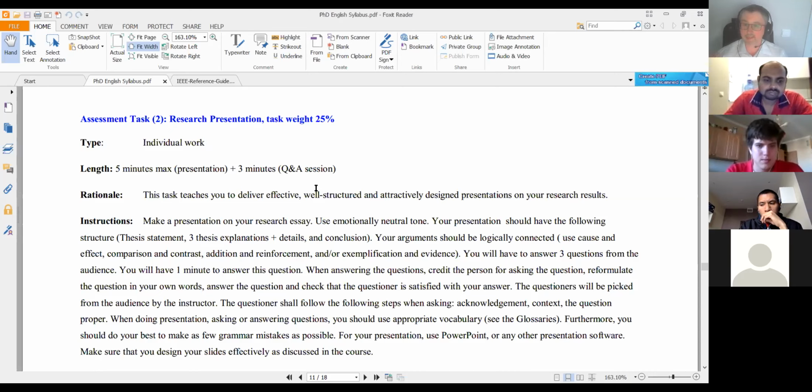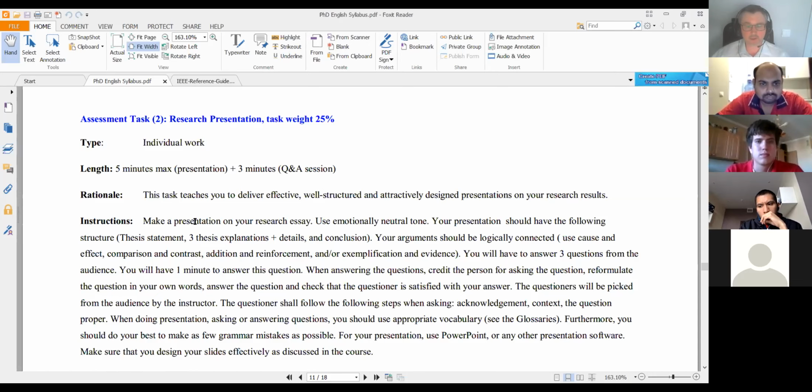Another thing is that you will have to be able to ask questions, once again following those academic conventions. This is how it is going to be: one student is going to deliver the presentation, and everybody else will have to be listening and trying to formulate at least one question to ask the presenter.